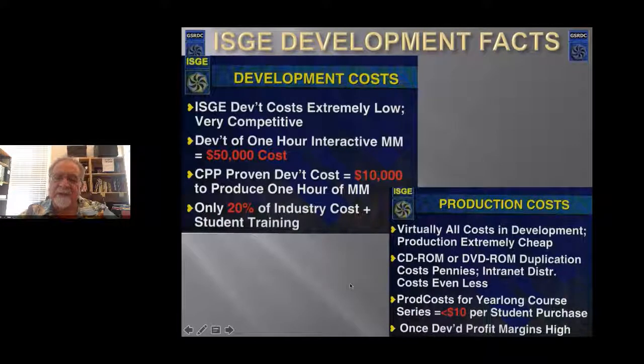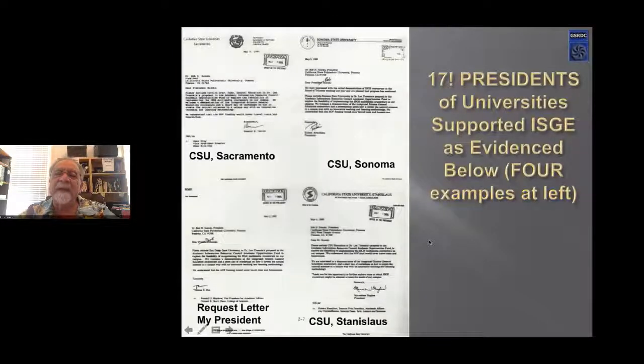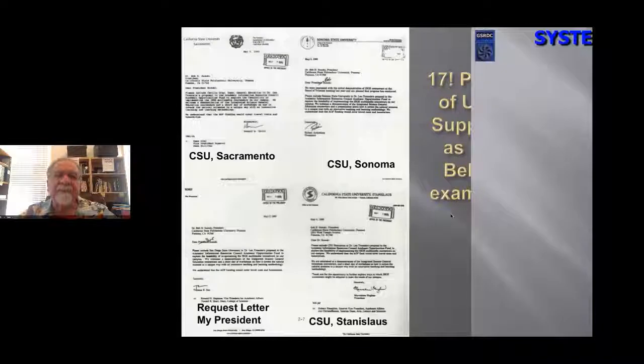So the production cost for a year-long course was less than $10 per student purchase, while the profit would be much more, of course, for offering the courses. I had 17 CSU presidents respond to my president that said they wanted the ISG program at their campuses. None of that happened except at our campus.